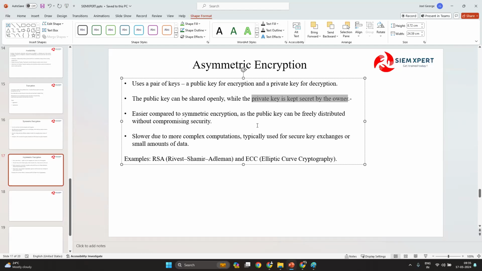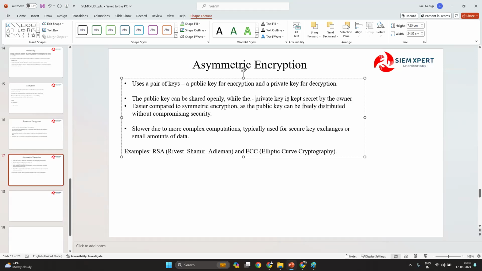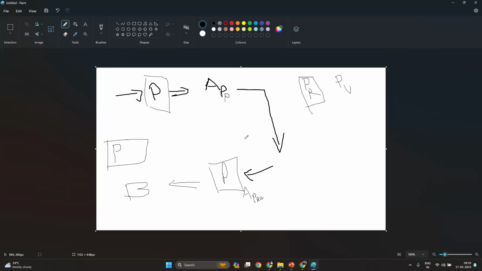The public key is open on the internet. So you're sending some data using a private key, let us say A's, and then I have a public key through which I can decrypt it, and anybody can do it. No, no, no. I am using A's public key to decrypt it, not B's public key.